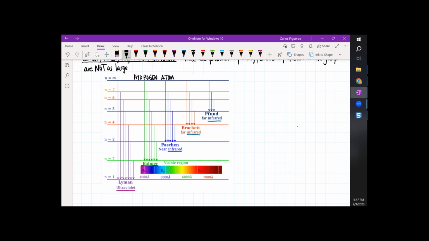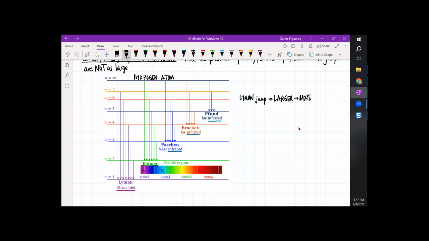So what you're seeing here is something like this. If I have a Lyman jump, then that means that it's larger. And if it's larger, it has more energy.